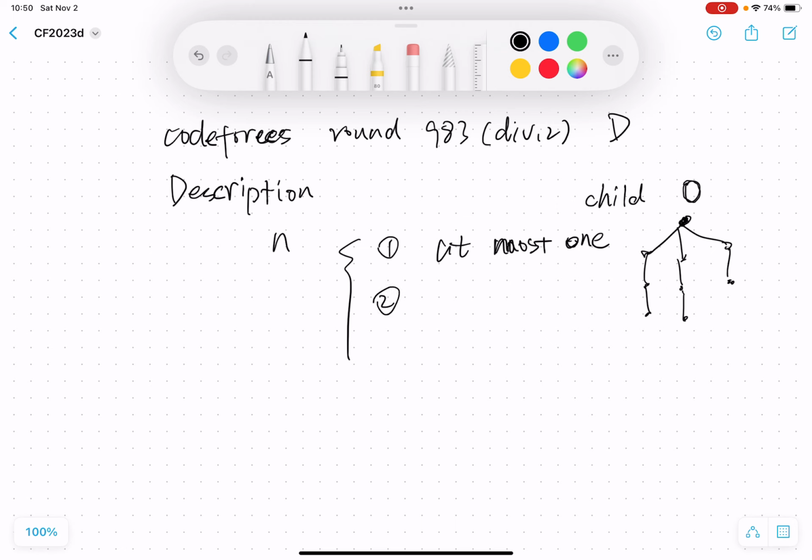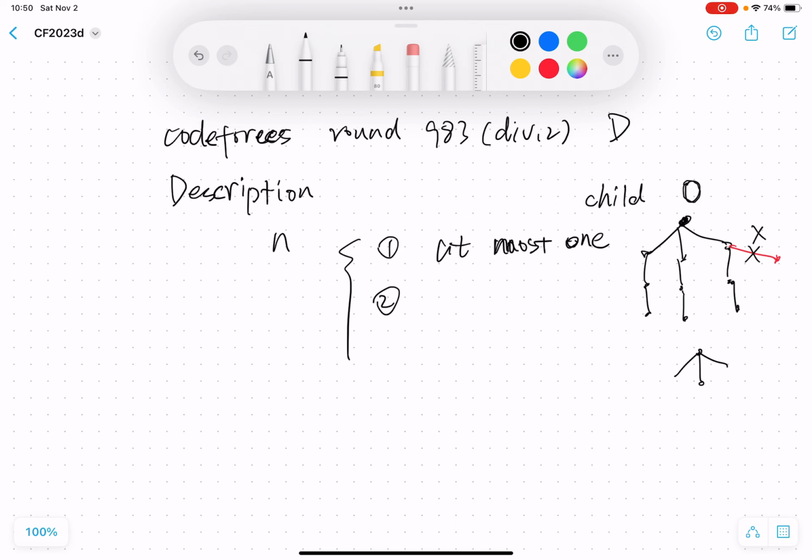This is the meaning of the first limitation. In addition, for example, this node is not accepted.